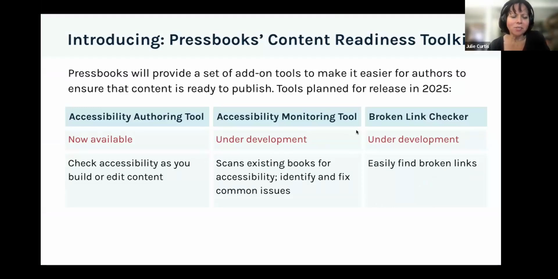I want to do just a little bit of framing for the tool that we're going to be sharing with you today. Pressbooks is in the process of introducing a new set of tools that we call the Content Readiness Toolkit. This is a set of add-on tools designed to make it easier for authors to ensure that their content is ready to publish, in particular, improving the quality of accessibility so that it's suitable for all users, and focusing on areas that authors do have the ability to adjust.